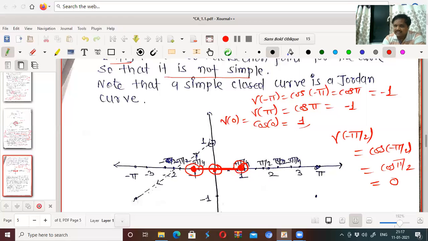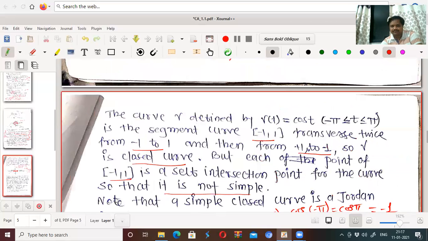So this curve is a straight line that starts from minus 1, goes to 1 and then comes back to minus 1. It means it is intersecting each point on the segment minus 1 to plus 1.